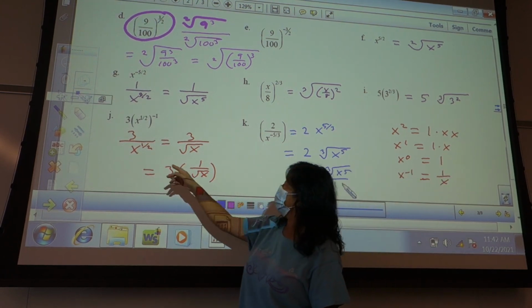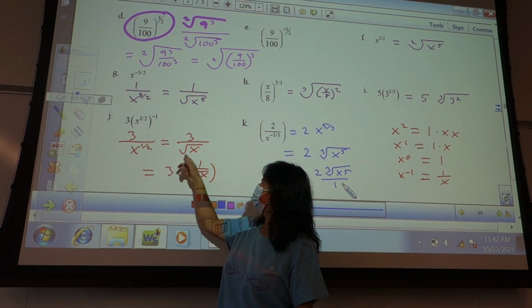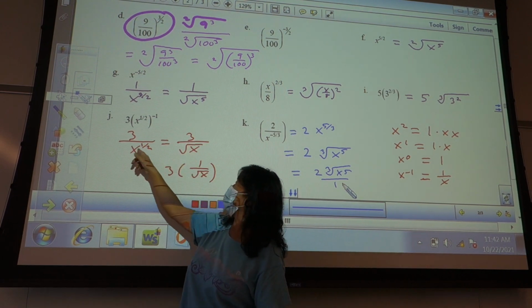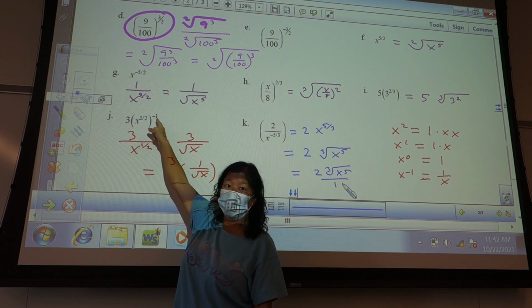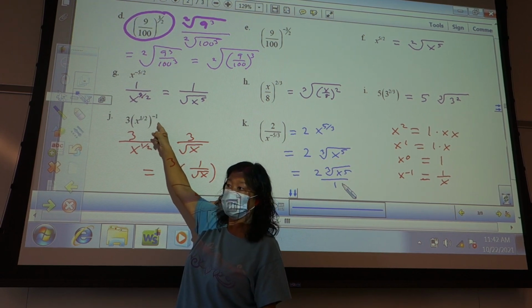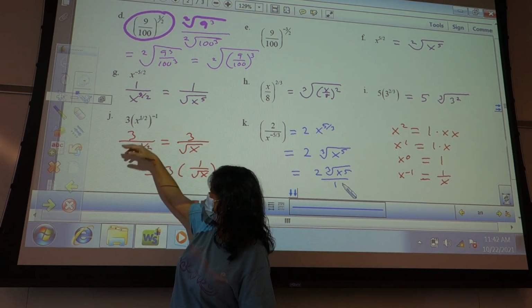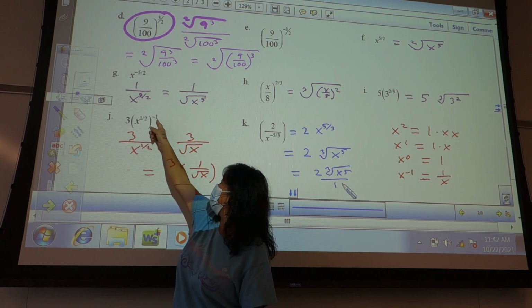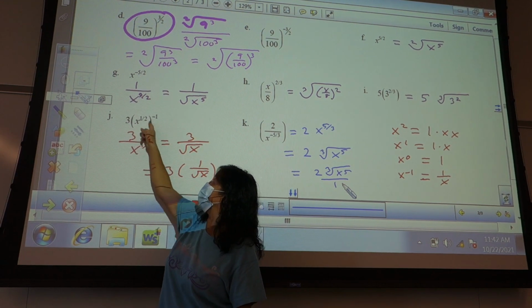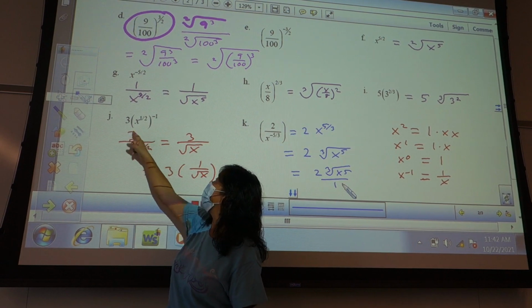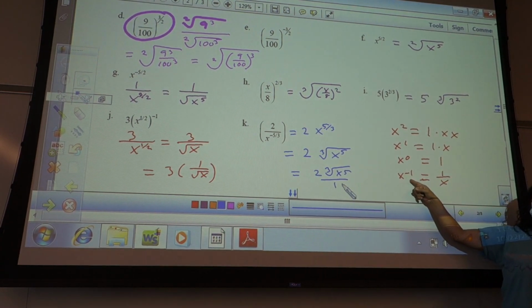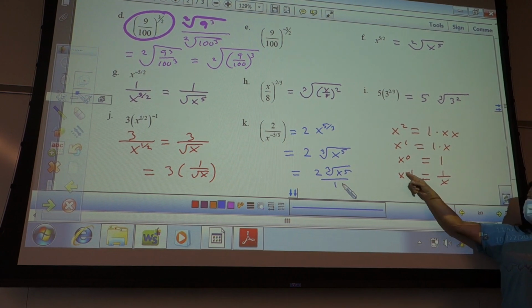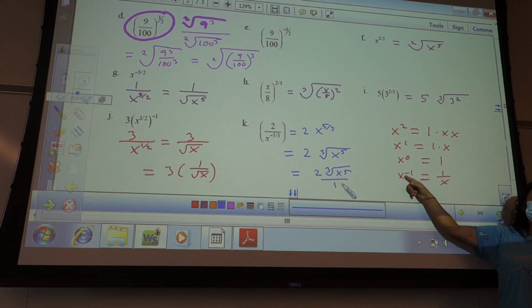Whereas over here, there's nothing on the bottom, but I need to move this to the bottom. So when you have a negative on top, on one side, you need to move it to the bottom. This means that really you should be dividing. This negative 1 really says divide by an x. So this is really dividing.